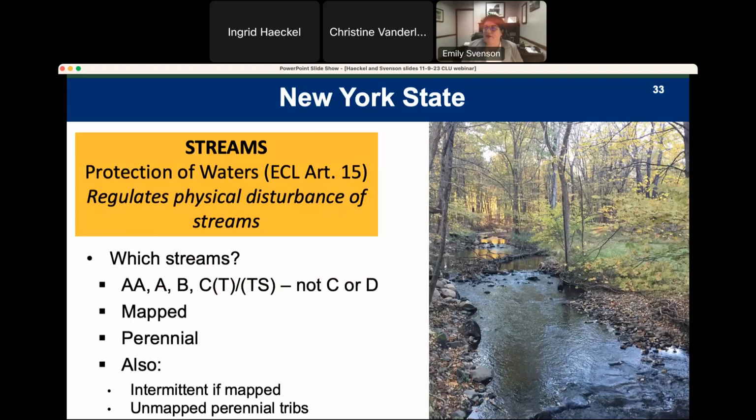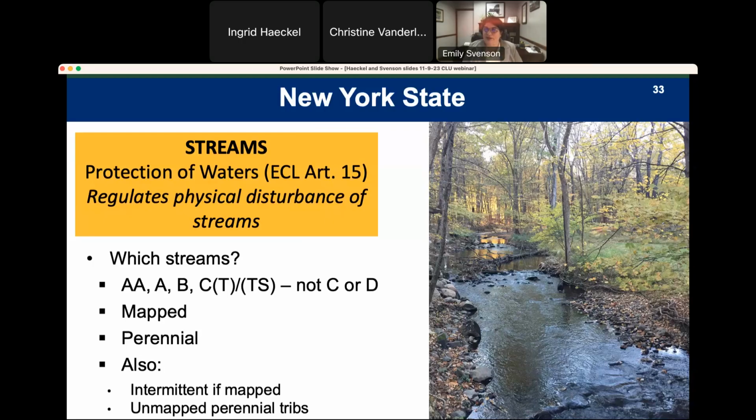We're going to start with streams within New York State regulations. New York State stream regulation arises from the Protection of Waters statute, which is part of the Environmental Conservation Law, which regulates the physical disturbance of streams. That regulation is based on a map that the state has produced and a classification system of the streams.